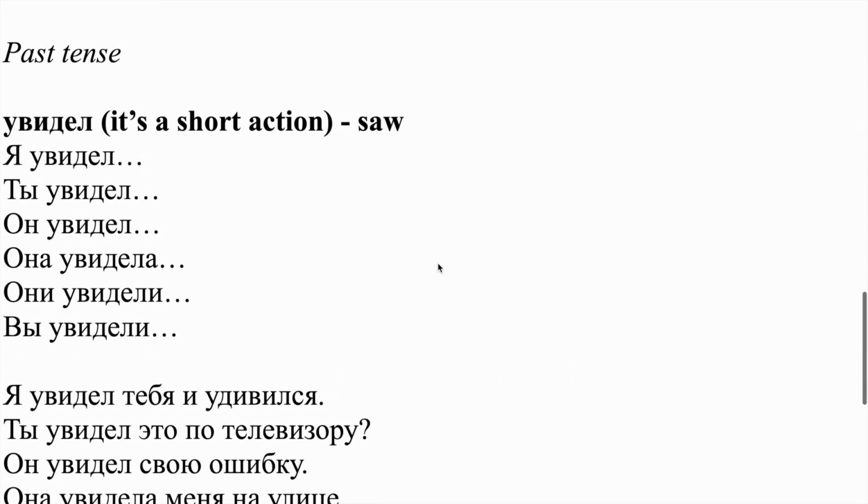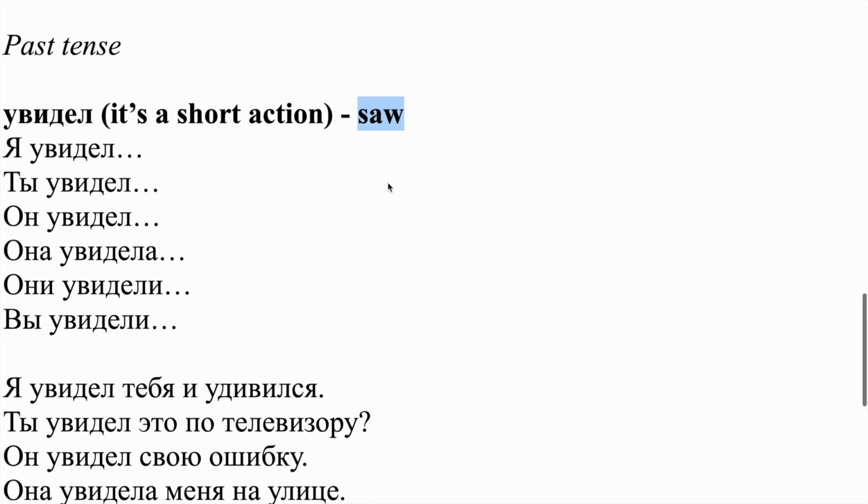Or, for example, if we compare English and Russian for this verb, in English in the past tense we say I saw, you saw, he saw, they saw, and so on.